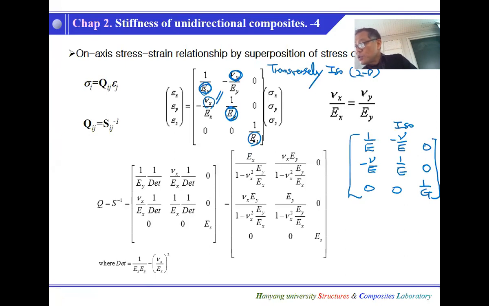So we need to understand. Another very important one is the shear modulus. This shear modulus G has a relation with Young's modulus and Poisson's ratio. So the number of independent constants is only Young's modulus and Poisson's ratio.